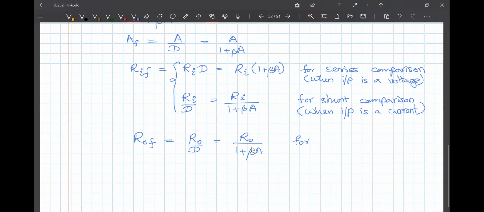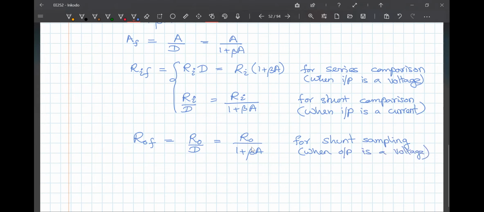You connect another sampling network in parallel. You do this when the output is a voltage.